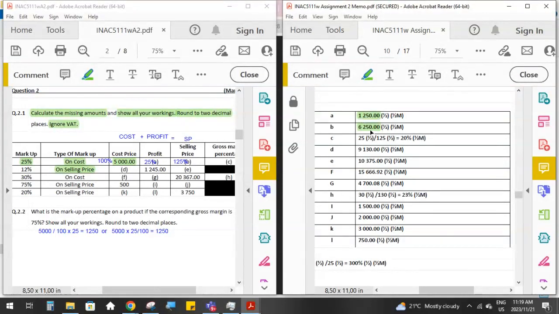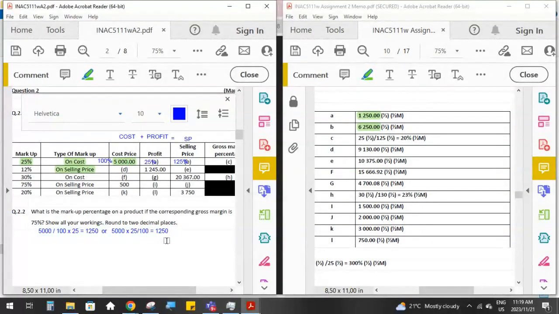Because we already know what A is, we can quickly work out what B is. If you wanted to use the maths to work it out, it's an identical method. You could say 5,000, because that's the amount that we know, divided by 100, because we want to know how much 1% is.